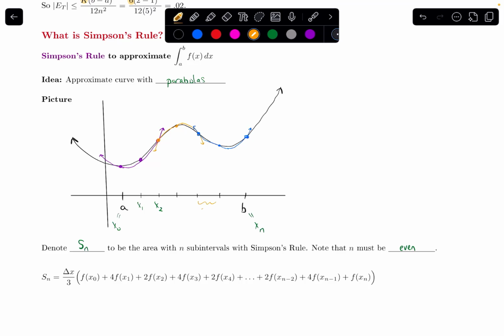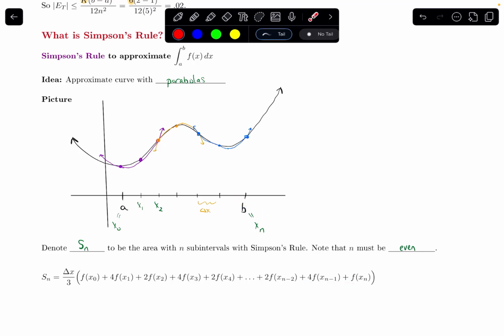So I get delta x times something like this, where it's f of x0. So I plug this first point, this left endpoint, into the function. And then after that, the coefficients alternate 4, 2, 4, 2, and so on until I have a 4 on the second to last one. And the very last one, with this right endpoint, the coefficient is just 1.